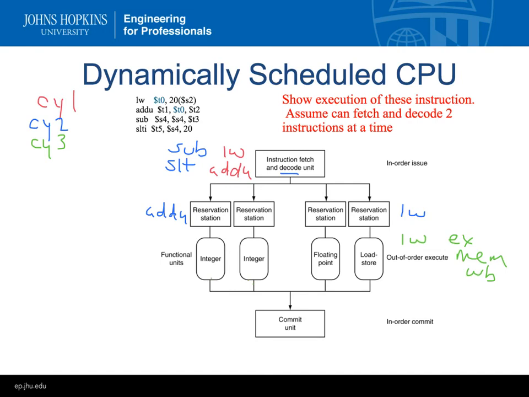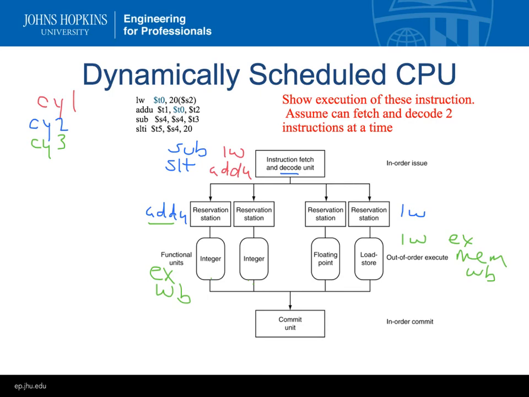So let's assume that in this, the cycles are execute and write back. So it takes 2 cycles to get through this and 3 to get through that. It's just a theoretical thought, I don't know of MIPS that can do that, but let's just pretend that's how this works. Anyway, so in cycle 3, we've started the load word. The addu isn't going to start yet because it depends on that load word.